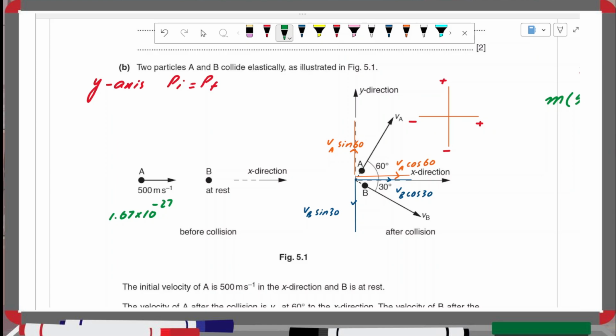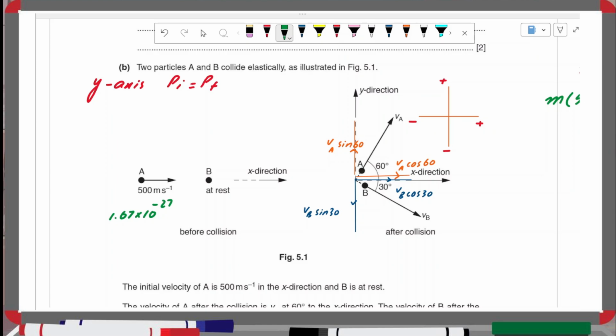Now the biggest question is, what is the initial momentum along the y-axis? Or what is the total momentum before collision along the y-axis? I guess 0. It should be 0. And why is it 0? Because initially, the object is not moving in the y-axis direction, it is moving in the x-axis direction before collision.